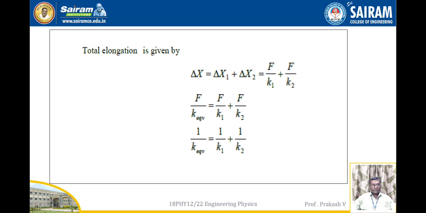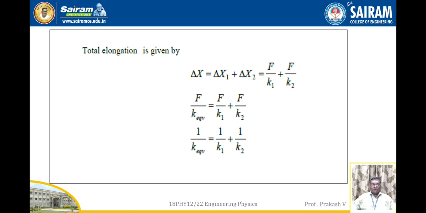Next, here the total elongation is given by delta x is equal to delta x1 plus delta x2, which is equal to F by K1 plus F by K2, where F is the force acting on the body downwards.